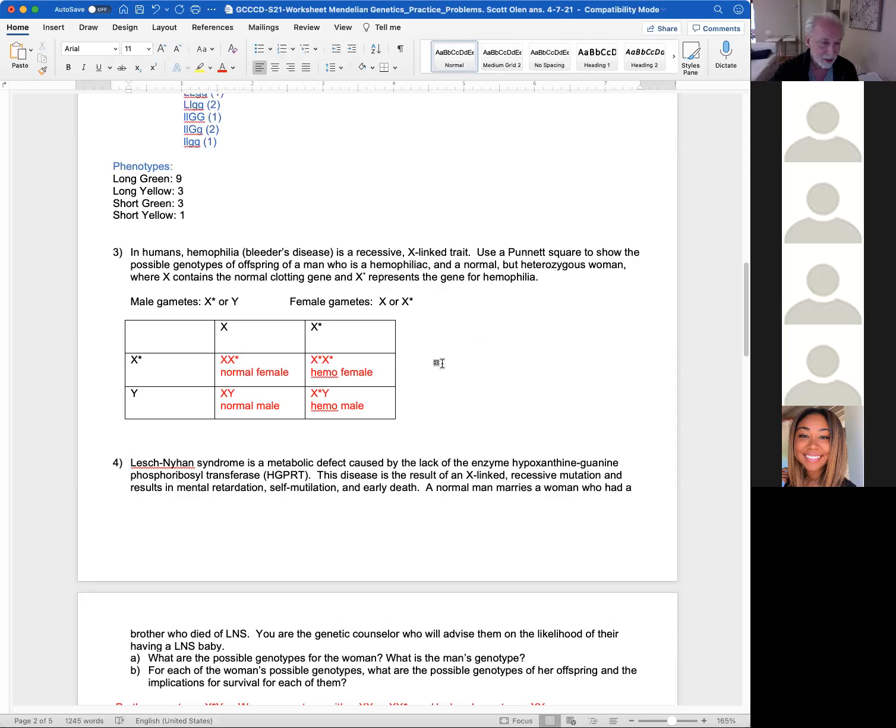A carrier just has the mutation, but is showing no symptoms. And in this case, as you said, the male, since he's only got one X chromosome and it's mutant, will be sick. Any other questions?